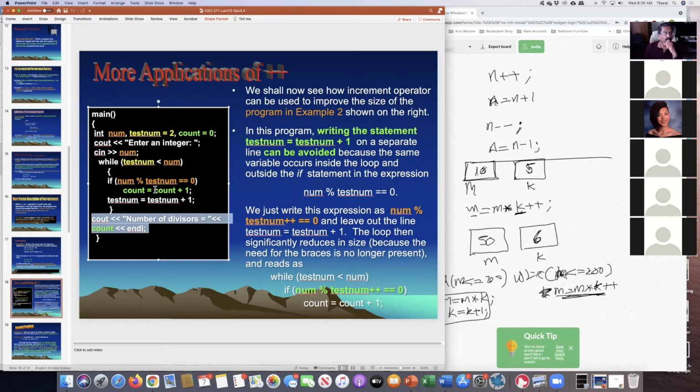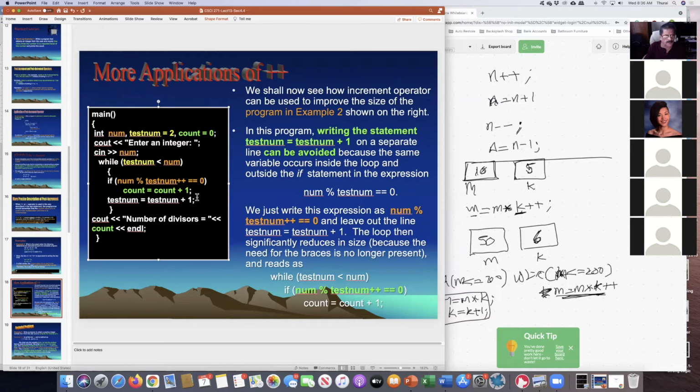Now, if I want to use the ++ operator, see how the program will change. The test num needs to go up by 1 after doing this test, right? Regardless of whether this condition is true or not, test num needs to go up. So I can put the ++ right behind the test num right there.